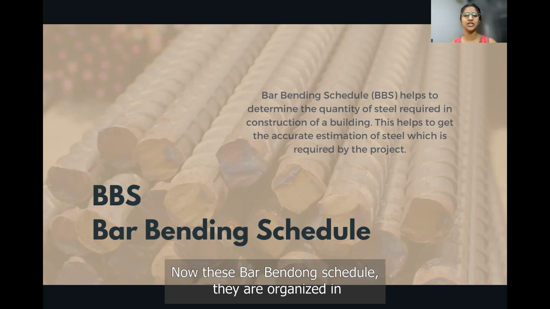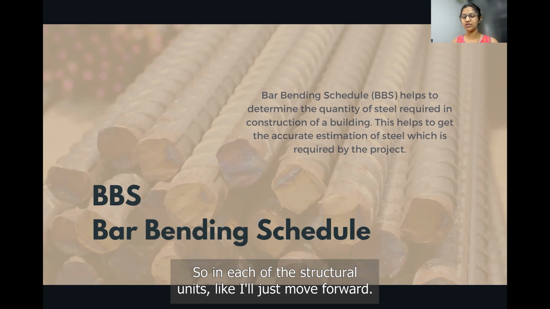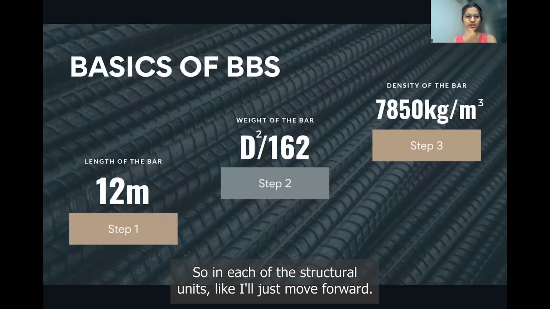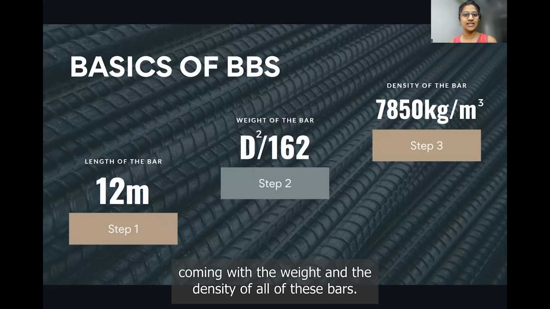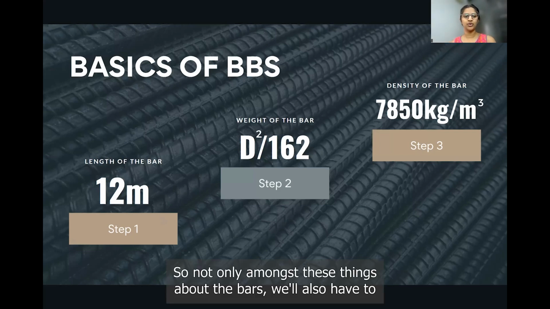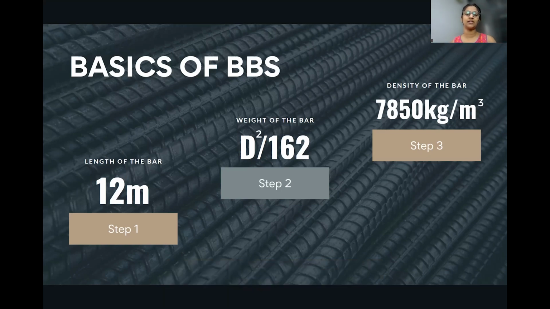Now, these bar bending schedules are organized in each of the structural units. See, these are the basic things, coming with the length, the weight and the density of all of these bars. Not only these things about the bars, we'll also have to consider in which structural unit this particular bar is actually being used.